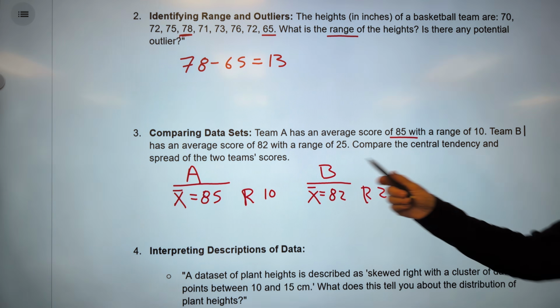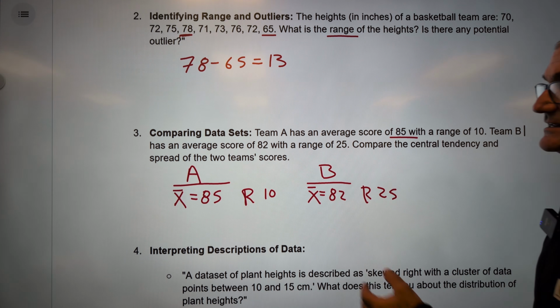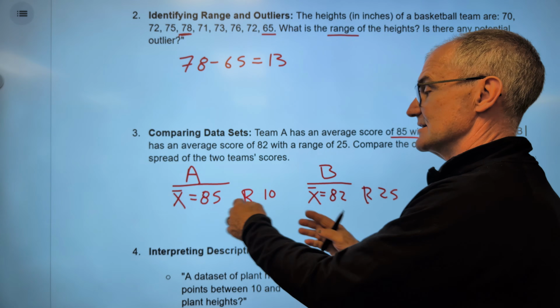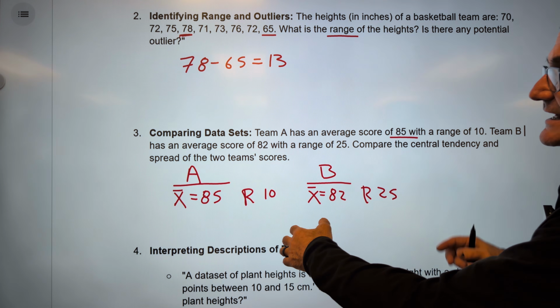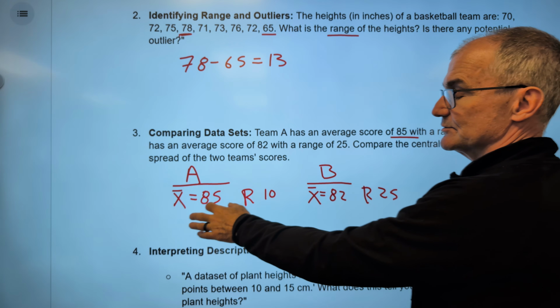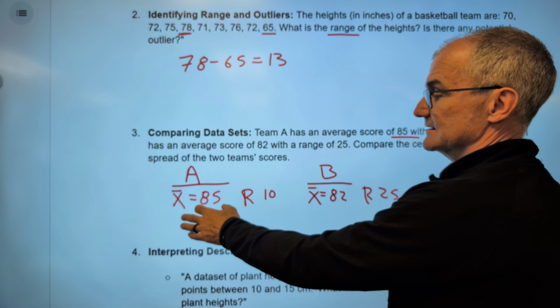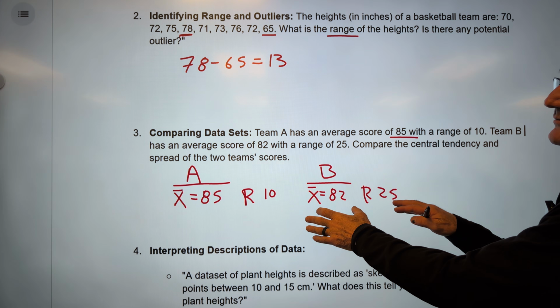Compare the central tendency and the spread. So what you could say about this is Team A has an average and not very much spread on that average. The range is so small that all the values are between, say, 80 and 90. Here, the average is a little bit lower, but the range is really big.